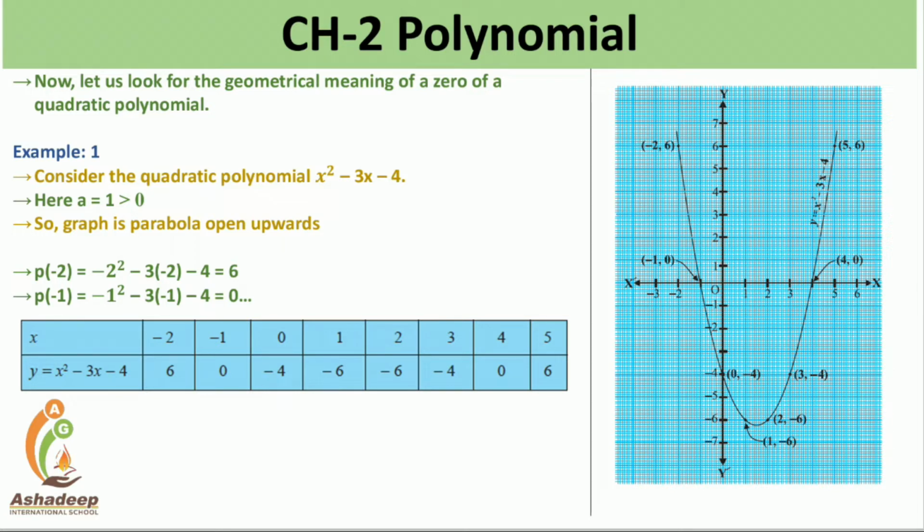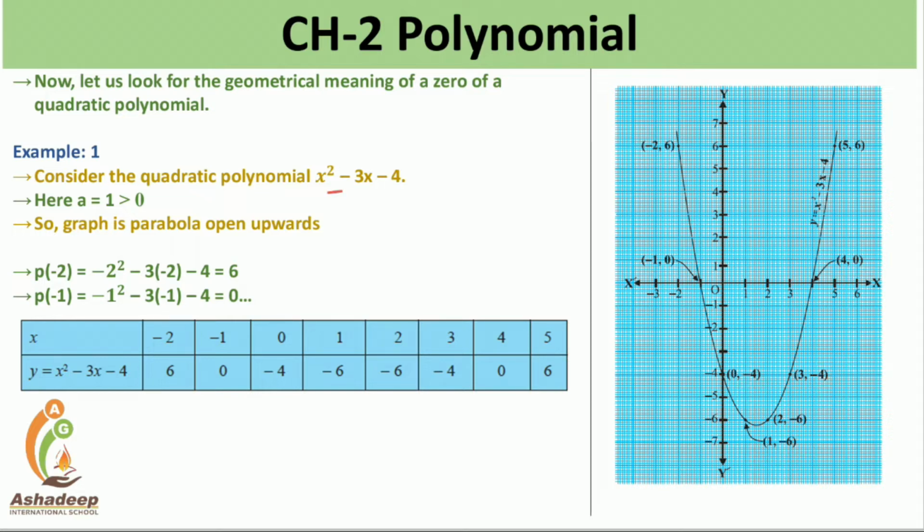Minus 2, 6; minus 1, 0; 0, minus 4, here it is; 1, minus 6; 2, minus 6; 3, minus 4. Similarly the other points are there, and we'll get the parabolic graph.